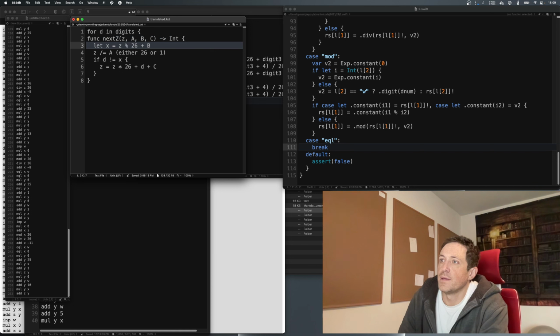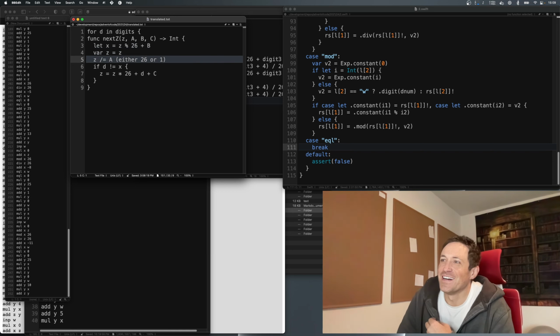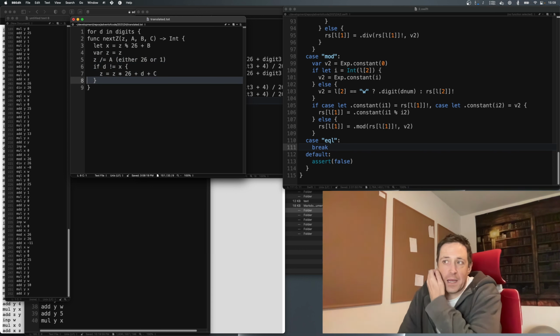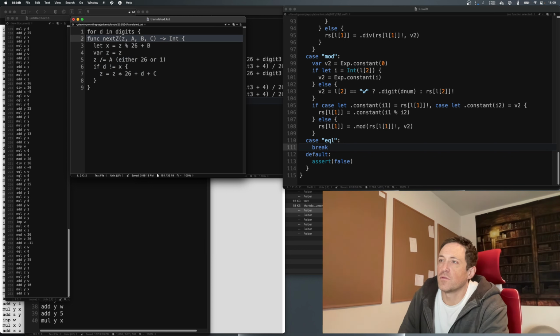So then, I mean this is useless, but fine. Modify z. D is not. Oh. Next z.